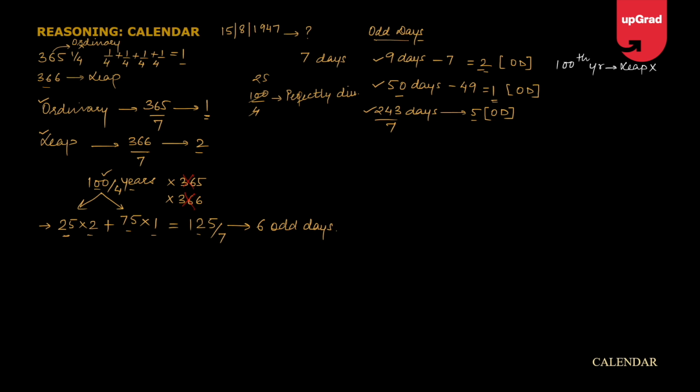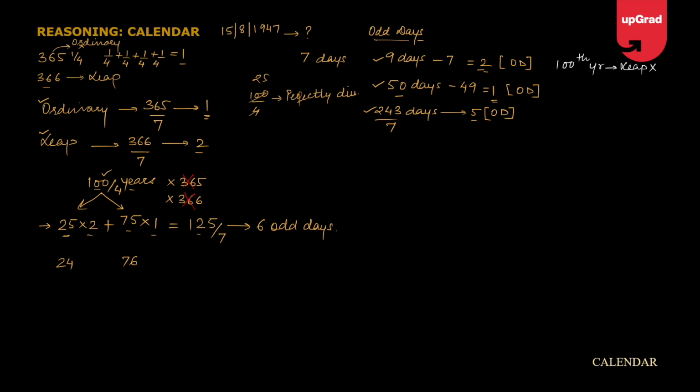But if it is not a leap year, my value for leap years would become 24, and therefore my value for ordinary years will become 76, which means the year which was not a leap year will now be an ordinary year, and hence leap years become 24, ordinary becomes 76.